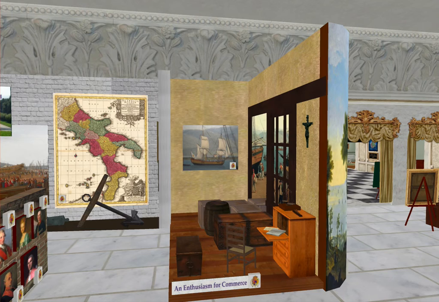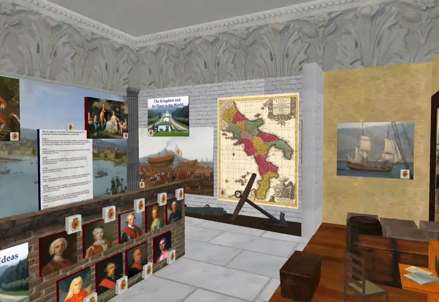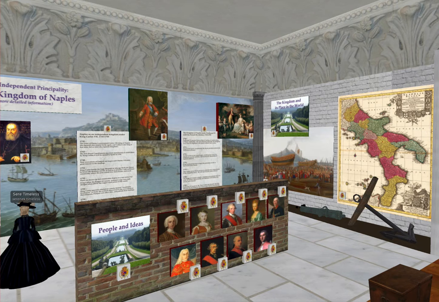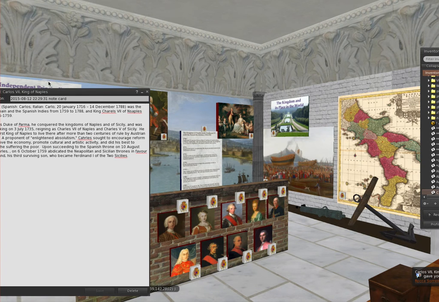Our exhibit also includes a set of information plaques about some of the major political, religious, and cultural figures of the time. The exhibit itself will give you note cards from these little tags right here.